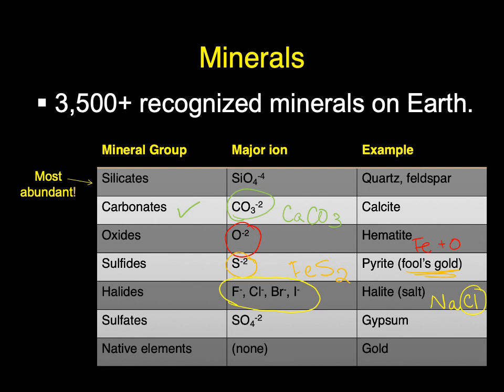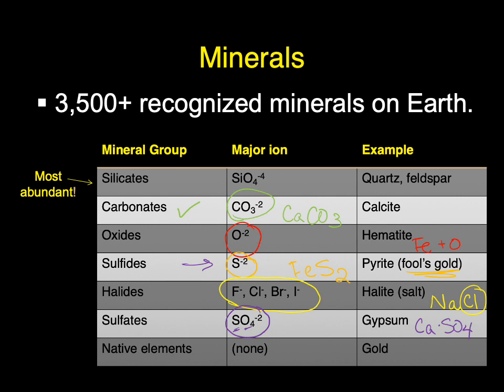Now, different from the sulfides is this last one here called sulfates. Instead of sulfide minerals, which just have the sulfur anion, sulfates have the sulfur and oxygen anion. So you're going to look for the SO4 anion there. An example is gypsum, which is calcium sulfate.